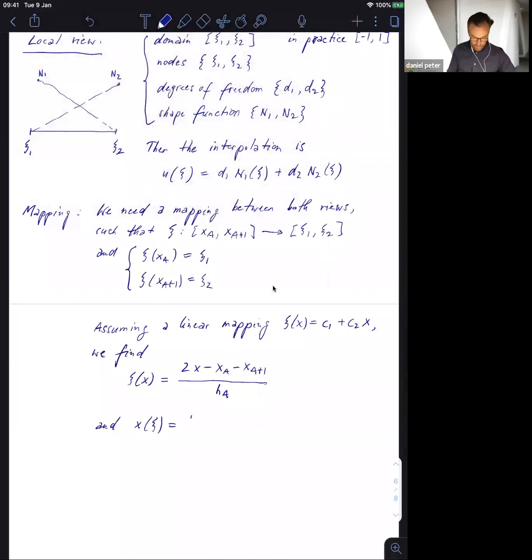So x of psi then becomes 1/2 HA times psi plus xa plus xa plus 1. That maps it back into our element.